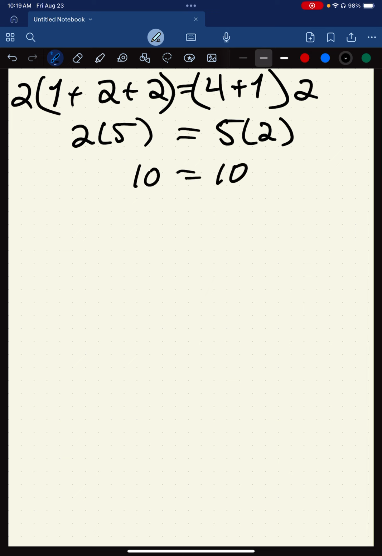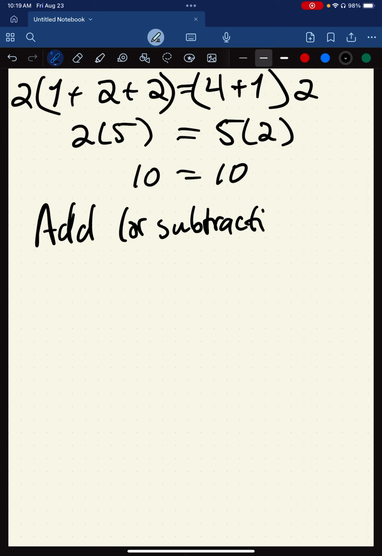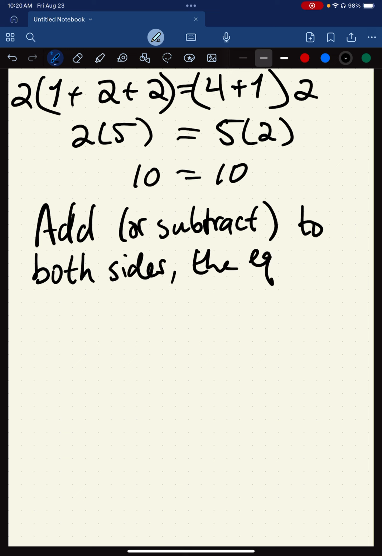So if we add or subtract, and subtracting is really the same thing as adding a negative number, 2 to both sides, the equation is still valid.